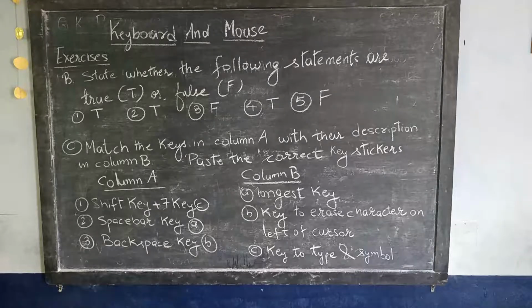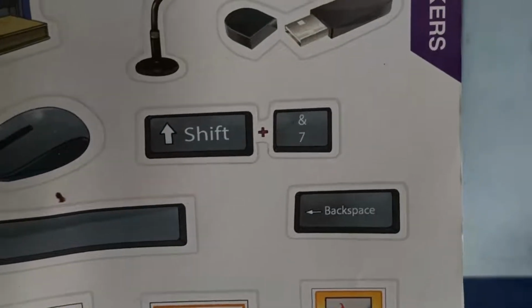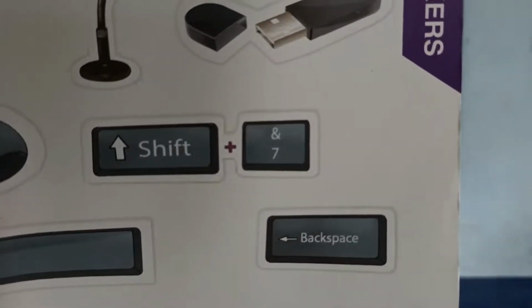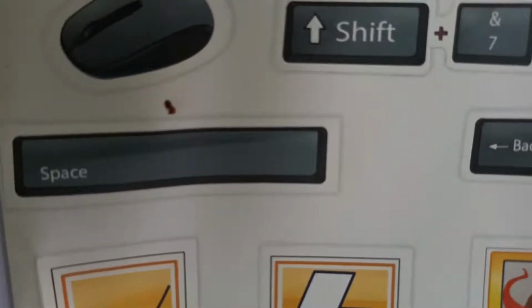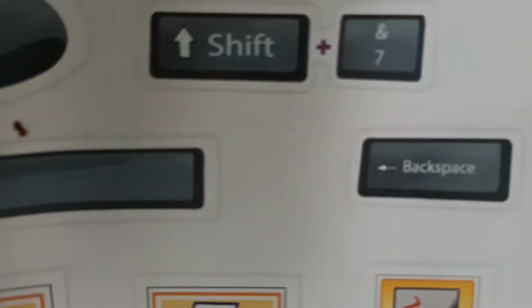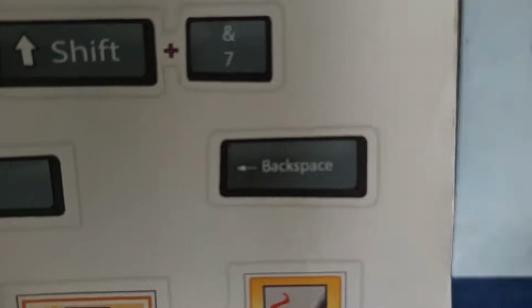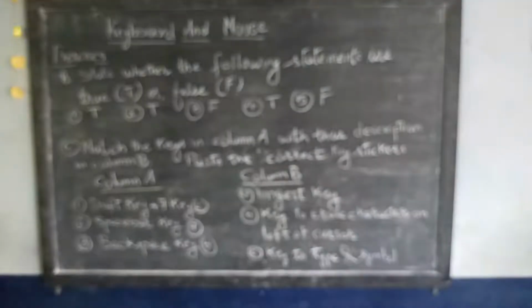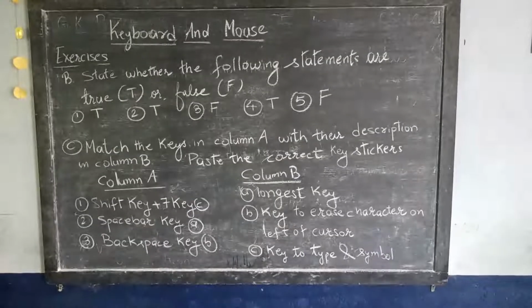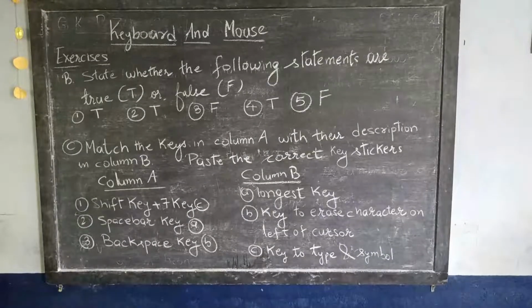There you can see the stickers. First you have to paste shift plus 7, then space bar, and last one is backspace. You have to paste these stickers on page number 55.